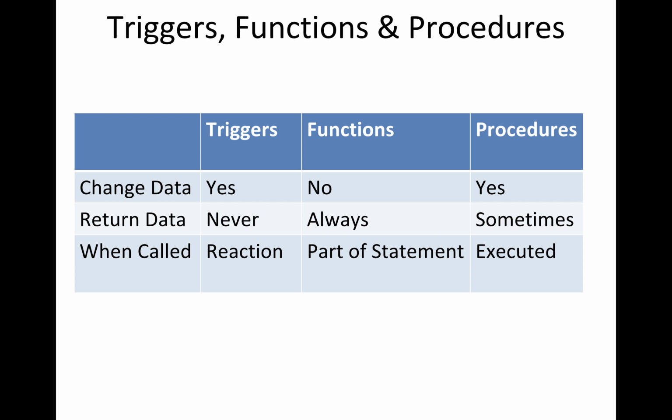So, for instance, we might want a procedure to execute every time we insert into a table, or every time we update a table, or every time we delete from a table, right? We would like for certain events to implicitly invoke these procedures, as opposed to us explicitly running them, right? So some of them are implicit, some of them are explicit.